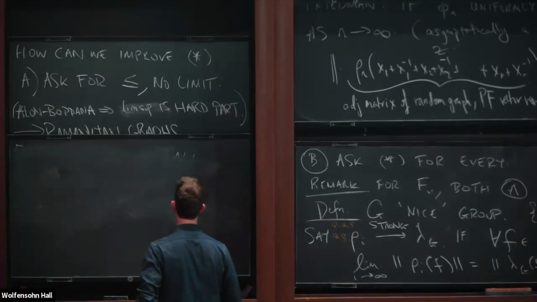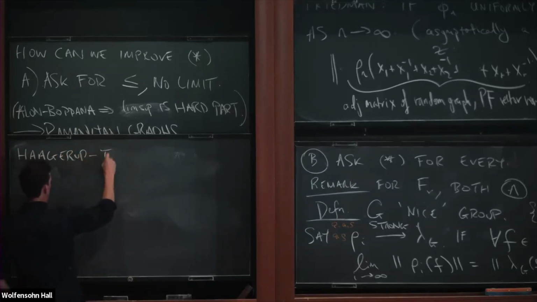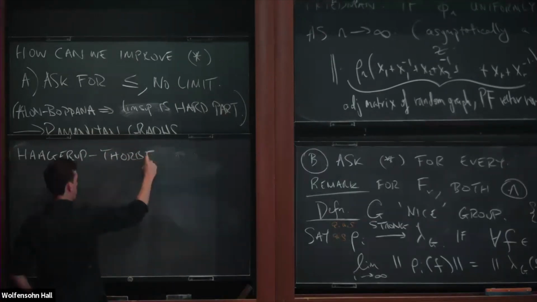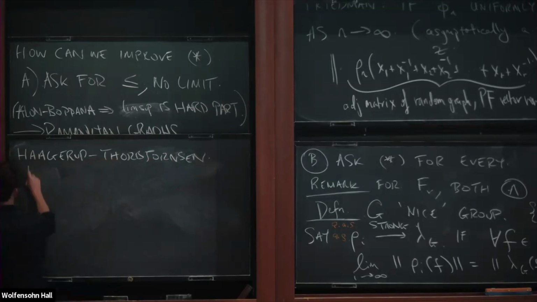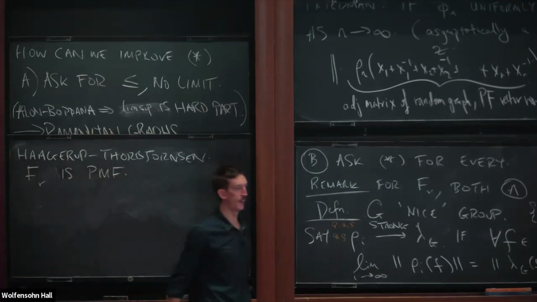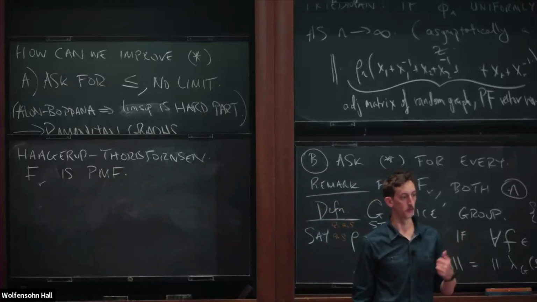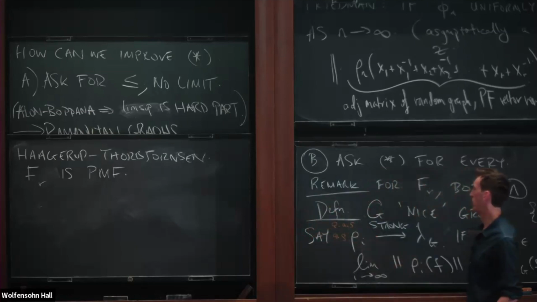It was solved by Haagerup and Thorbjørnsen. This result says that the free group on r generators, say r at least 2, is purely matricial field. It has enough finite dimensional unitary representations to converge in this way. This result appeared in the Annals in 2005.